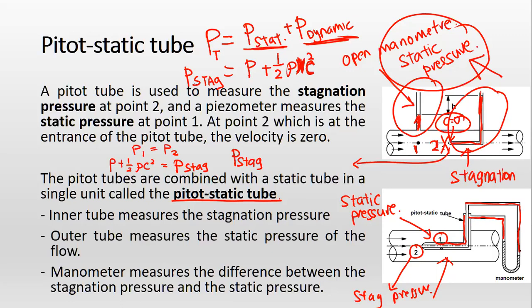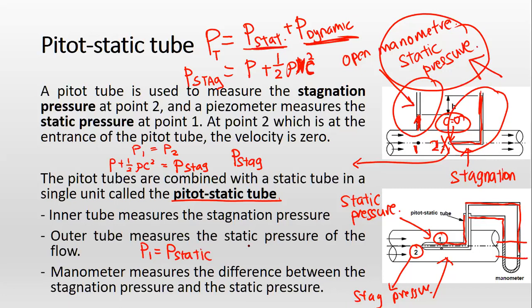So there will be a difference in the height of this manometer. What does this difference represent? If you understood what I've said, P1 is going to be just the static.